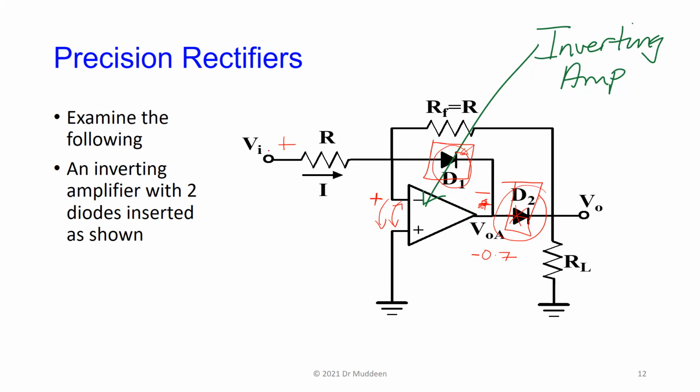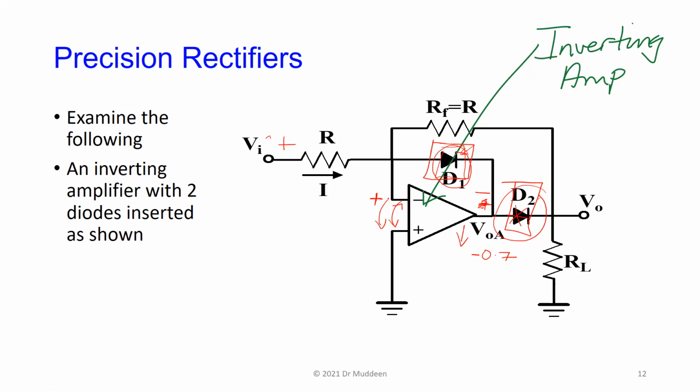The op-amp, the instant you put a little voltage on here, in this case a little positive voltage, the output here immediately tries to go low. It will try to go low by the gain of the op-amp. And as soon as here goes negative, it forward biases the diode.